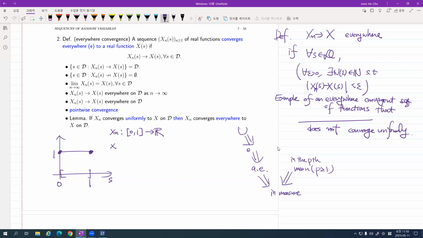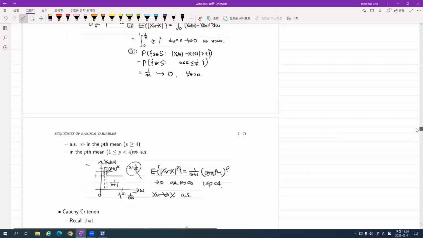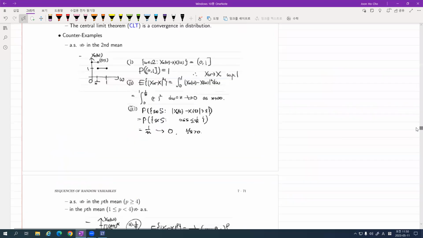How did I define that? I just do not remember the example. Let me find a good hint. Oh, okay, got it.